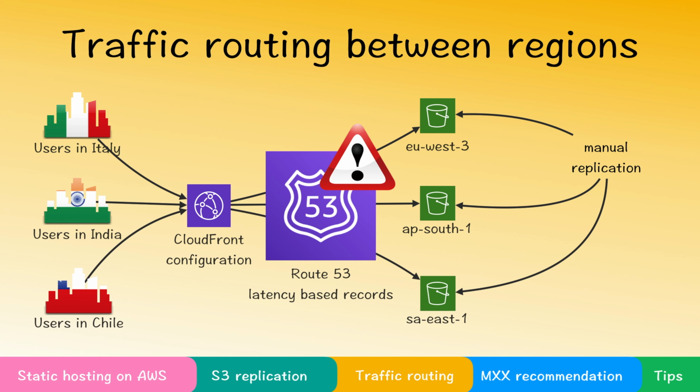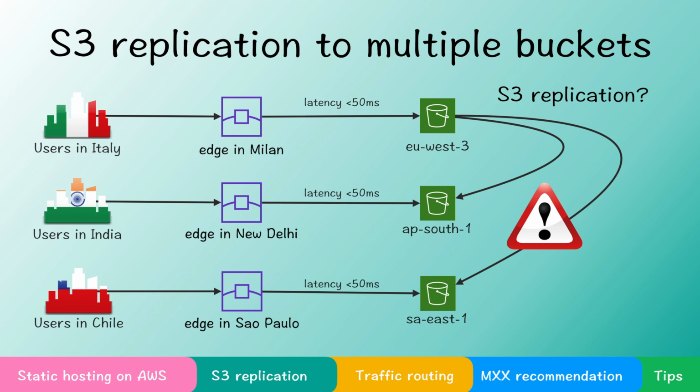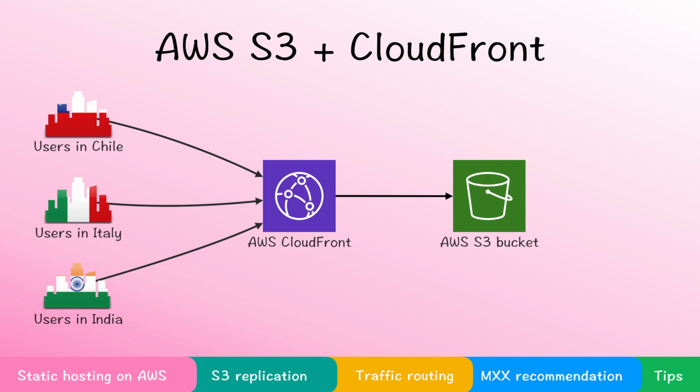And then the only solution which is left to us is our original, very simple one: just one bucket and a CloudFront distribution. Yeah, it has some downsides. In case the S3 bucket is too far away from the end user, some latency might be there, but it's only the first time. For cached objects, it will be fast anyway. And yeah, it's also the only solution nowadays which is possible with AWS. So I would recommend to just use this.